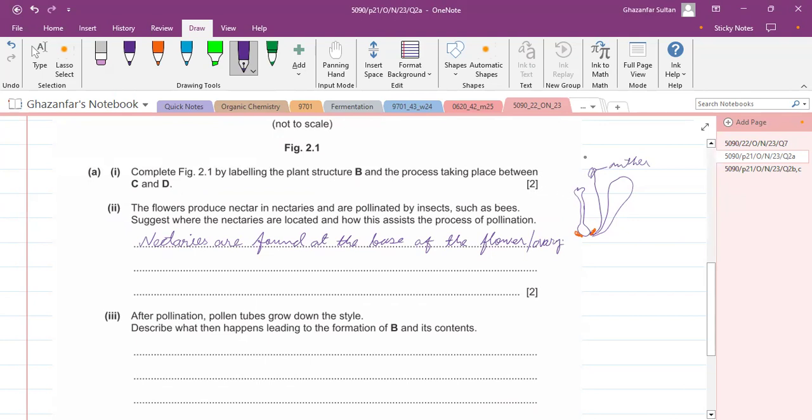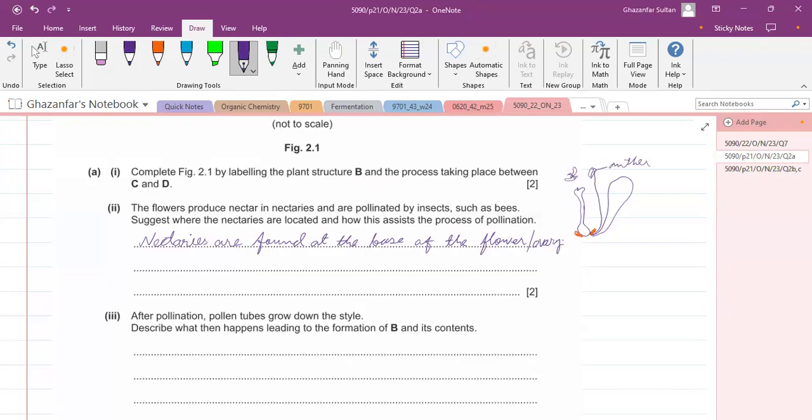So suppose an insect is coming. This is an insect and it came from any other flower of the same species, and some of the pollen grains are attached to its body.